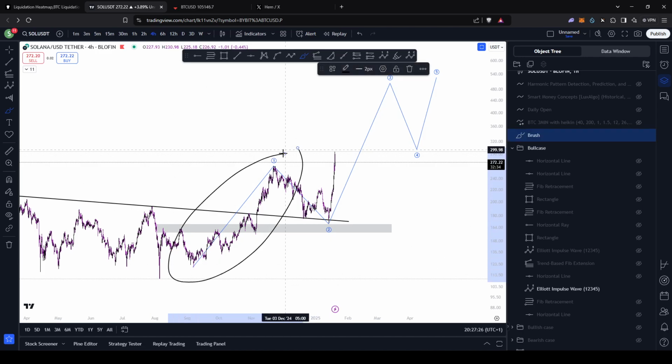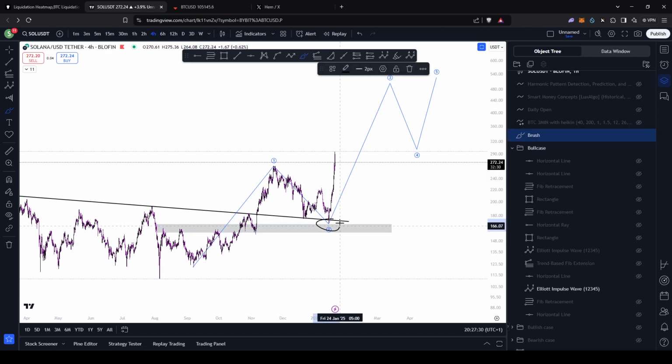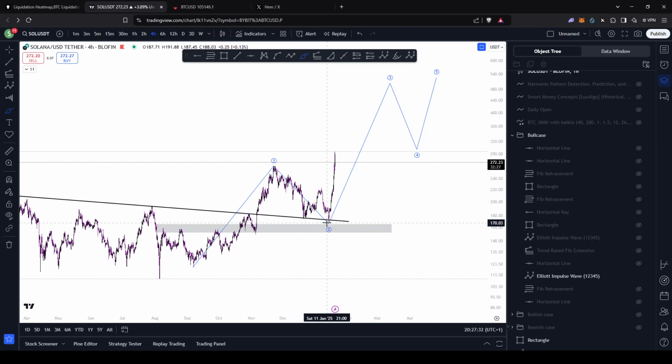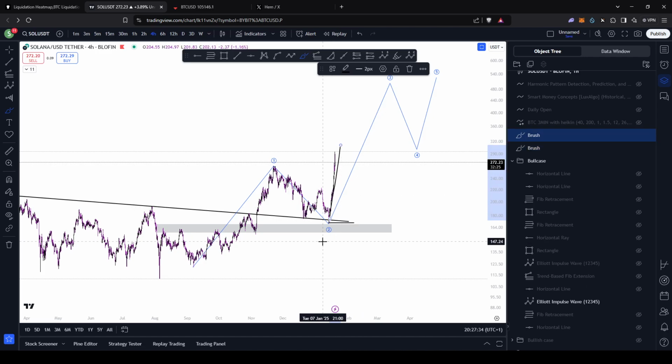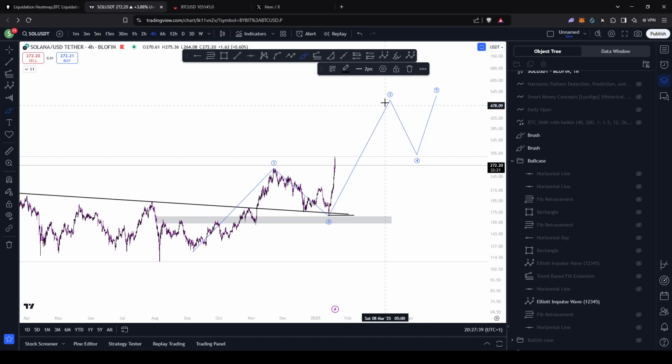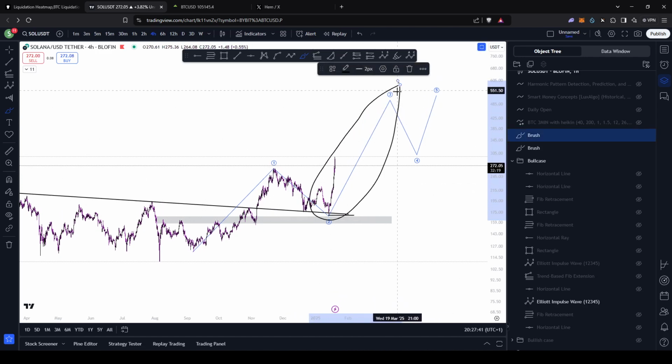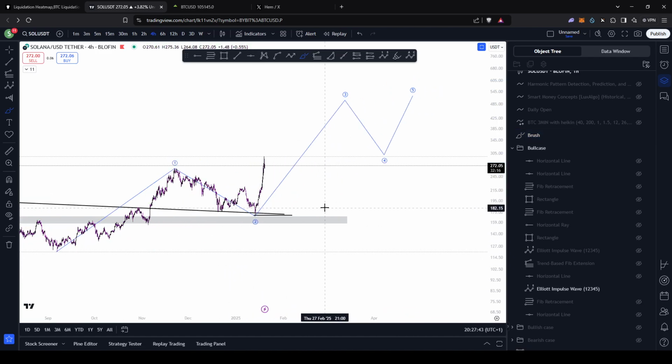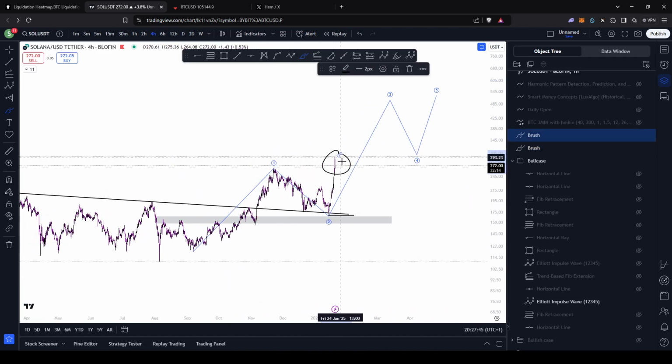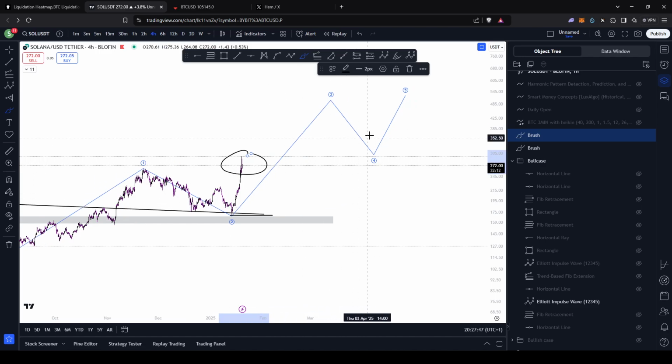which is very nice. Then you have a large corrective structure into that previous golden pocket. Perfect bounce, impulsive structure towards the upside. This is likely only your wave 1 inside of this entire wave 3. Is this wave 1 done? I don't know.